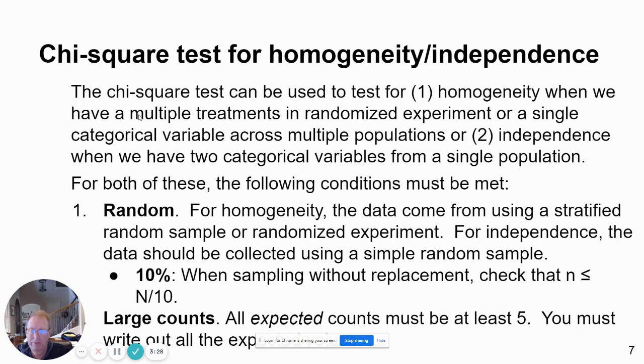So that condition is met. Then we check the 10% condition. When sampling without replacement, we need to check that both samples satisfy the 10% condition. And that's satisfied in this problem here. Next, we check the large counts condition. All expected counts must be at least 5. And you must write out all expected counts.